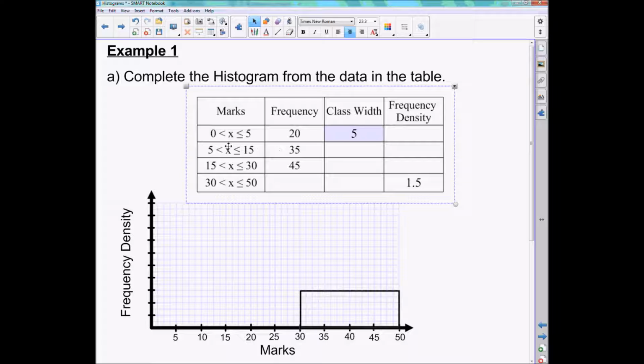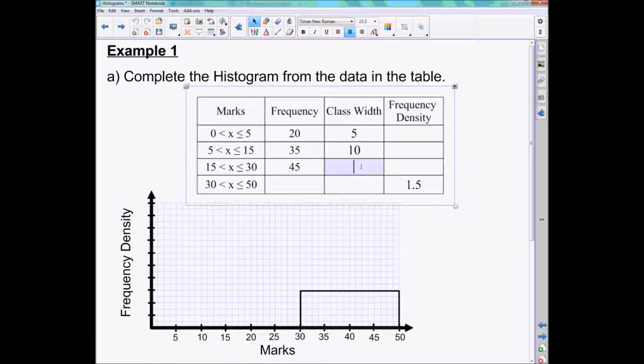The second row, the class width is going to be 10 because the distance between 5 and 15 is 10. The third row between 15 and 30 has got a gap of 15. And for this last row, the gap is 20. So as you can see, the class width is not actually that hard to calculate.